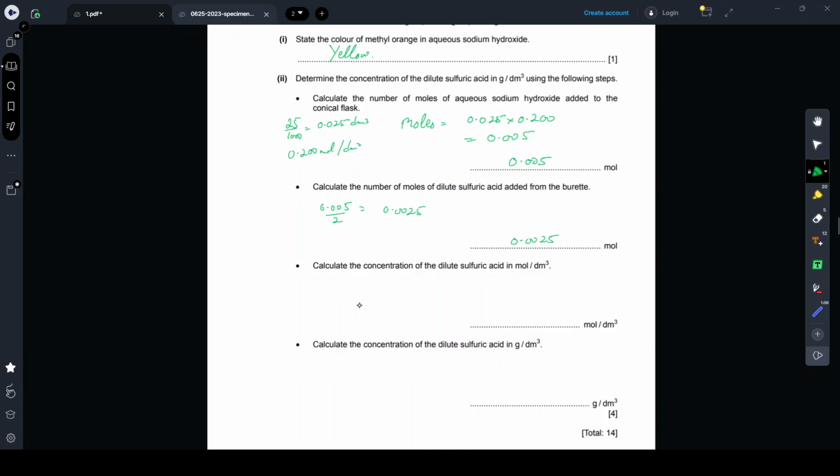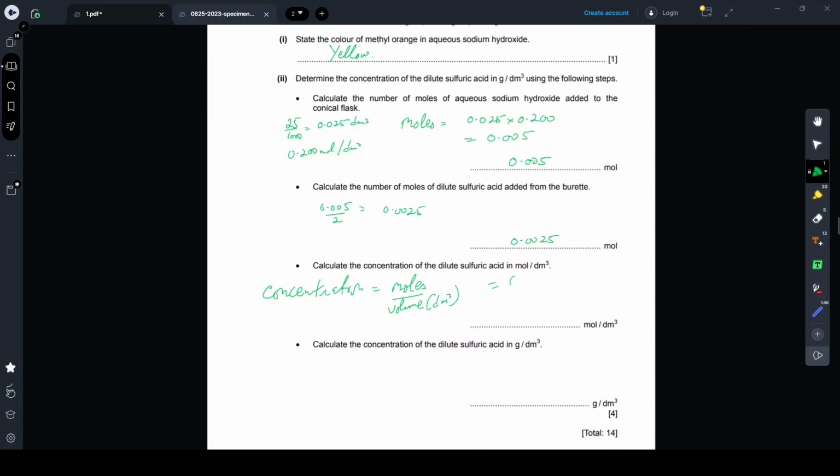Right, so you got the number of moles. So what is the formula for concentration? Concentration equals moles over volume. Volume in decimeter cube, right?